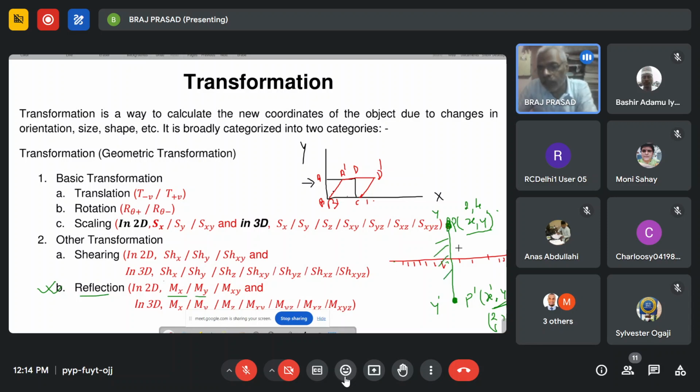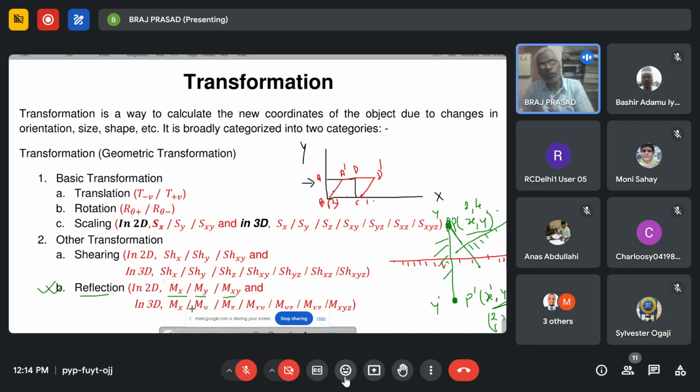And if the mirror is placed at some angle, suppose our mirror is placed like this, then what will be the new coordinate of this object on this new mirror? It will be represented like this. In this case we need mirroring in x and y both.